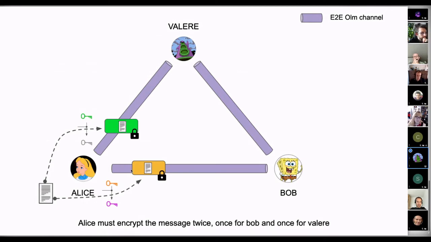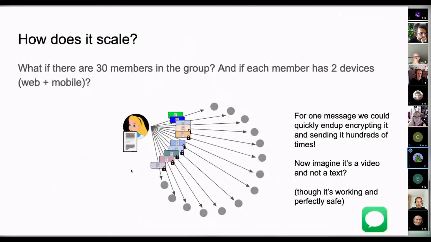So it's nice, it's working, but what if we have 30 members in the group, and each member has 2 devices, like a web and a mobile or more? We can see that quickly, for one message, we can end up encrypting it hundreds of times and then sending it hundreds of times. So now imagine it's a video and not text. You have to send the video hundreds of times.